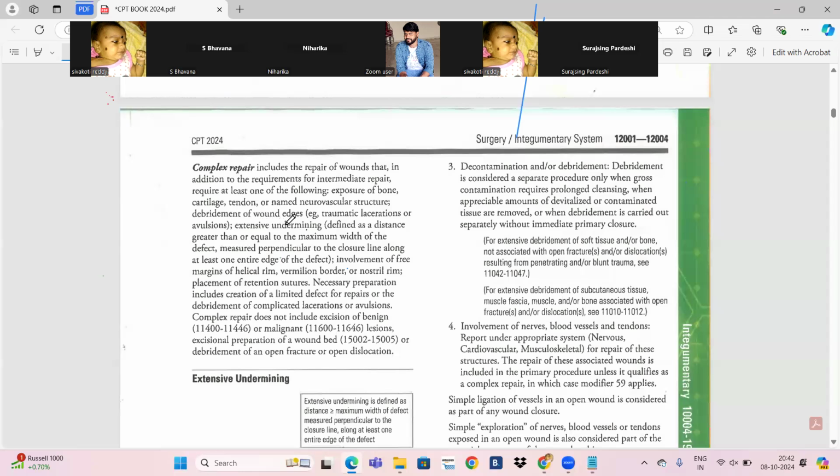Debridement of wound edges, like they need to remove the tissue. Remember, the exposure of bone, cartilage, tendon, and debridement are compulsory to code complex repair. Debridement is already included in the complex repair. No need to code debridement separately.